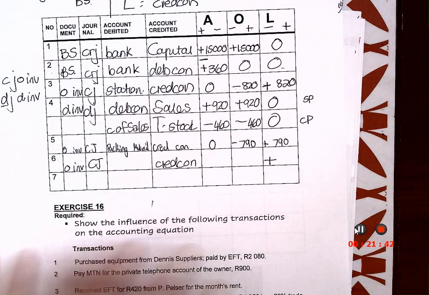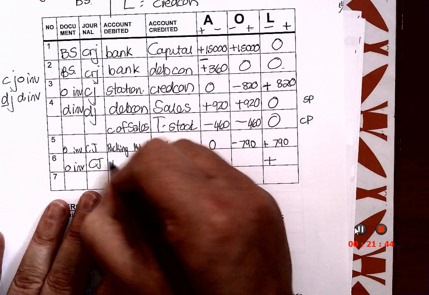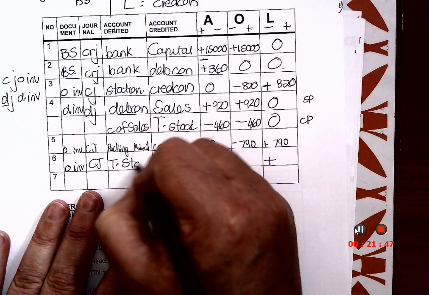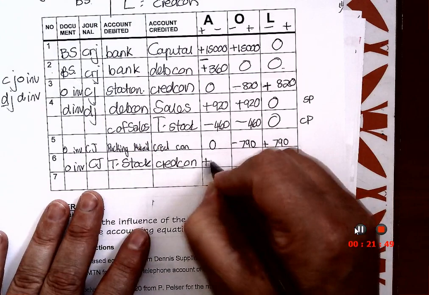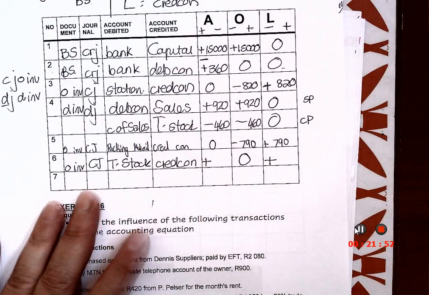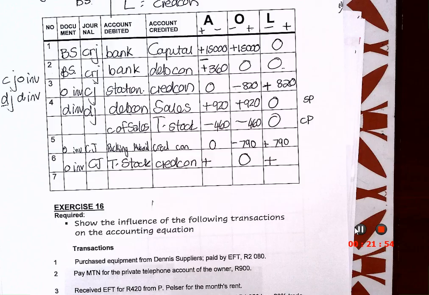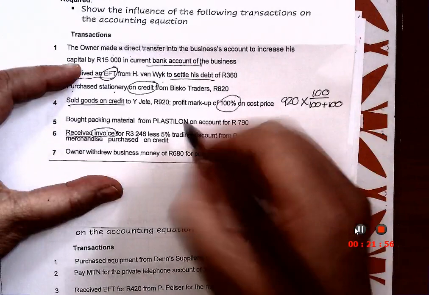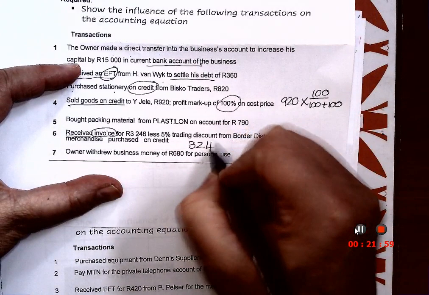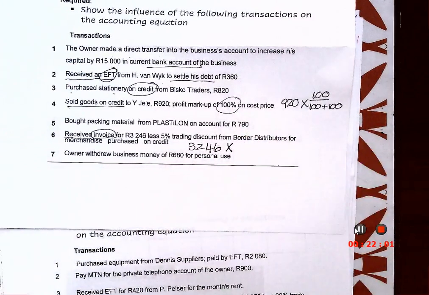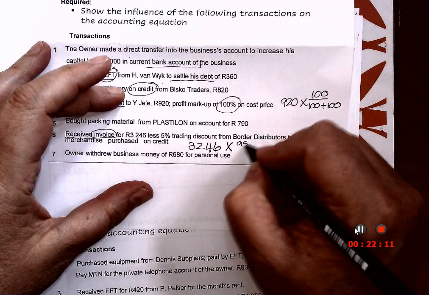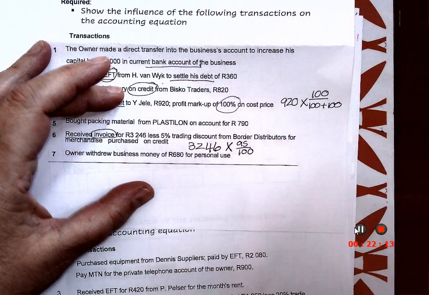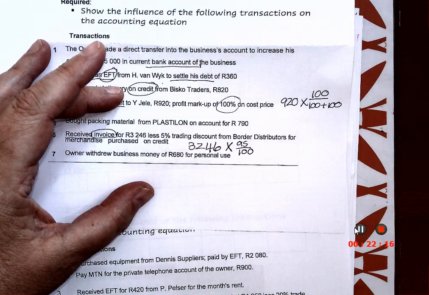Now I see, what did I buy? I bought merchandise, and the accounting word for that is trading stock, which is an asset, meaning owner's equity is 0. But now I don't have a figure yet. And the figure would be, they say it's 3,246, but I'm not going to owe all of that. I'm going to owe 5% less because they give me a discount, which means I'm going to owe 95%. Right.